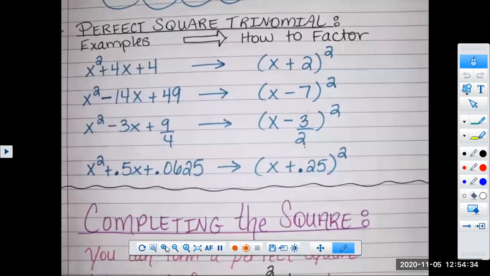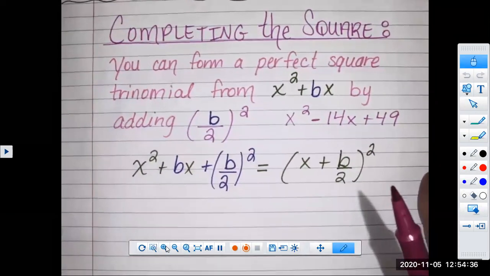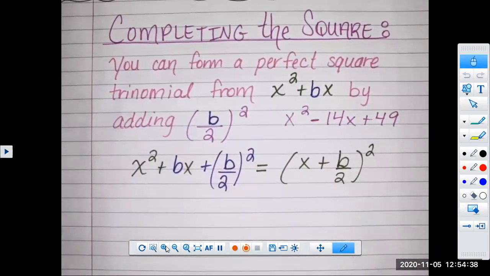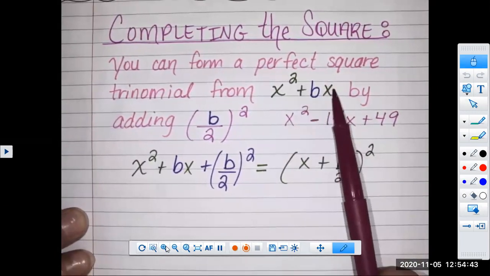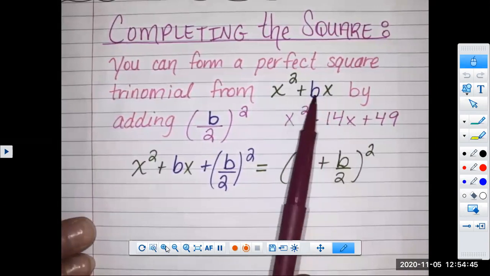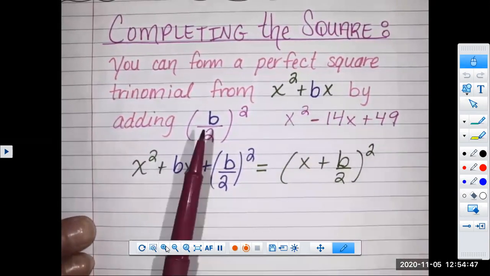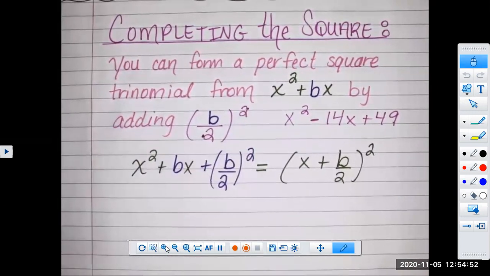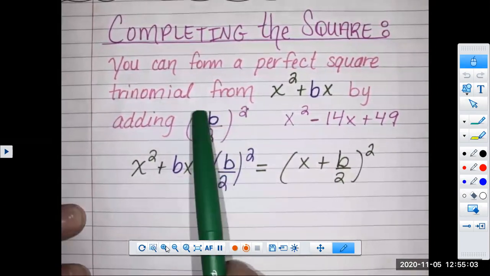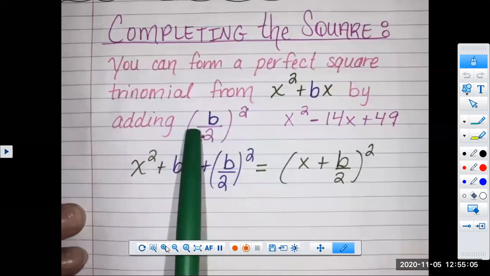All right, let me go back down. So what it's saying here is that this middle term, how I use this middle term to get this third number is I take half of it and I square it. What will the sign of that number always be? What will this sign come out to be every time?